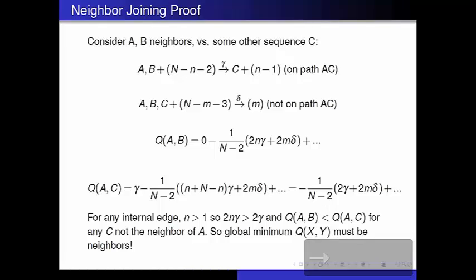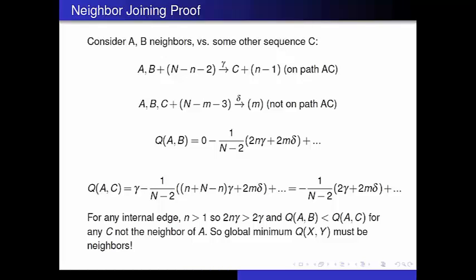So here's the setup, same as I just said a moment ago. A and B are neighbors, and now we're considering A versus some other sequence C. So here are my two possible cases. I've got an edge of length gamma that is on the path from A to C. And for simplicity, I'm going to keep a count of the number of sequences that are on this side of the edge.